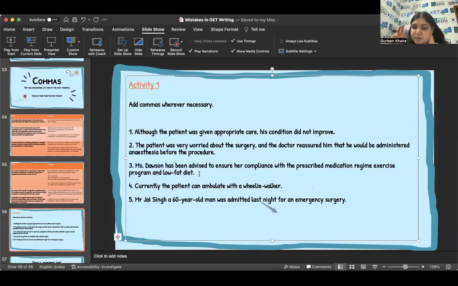Compliance is needed with three things, three items in a list. So we will have to use commas to separate these from each other. So first comma will go here, second one will be here, and two commas we'll need. And the last item in the list will be separated by comma and.